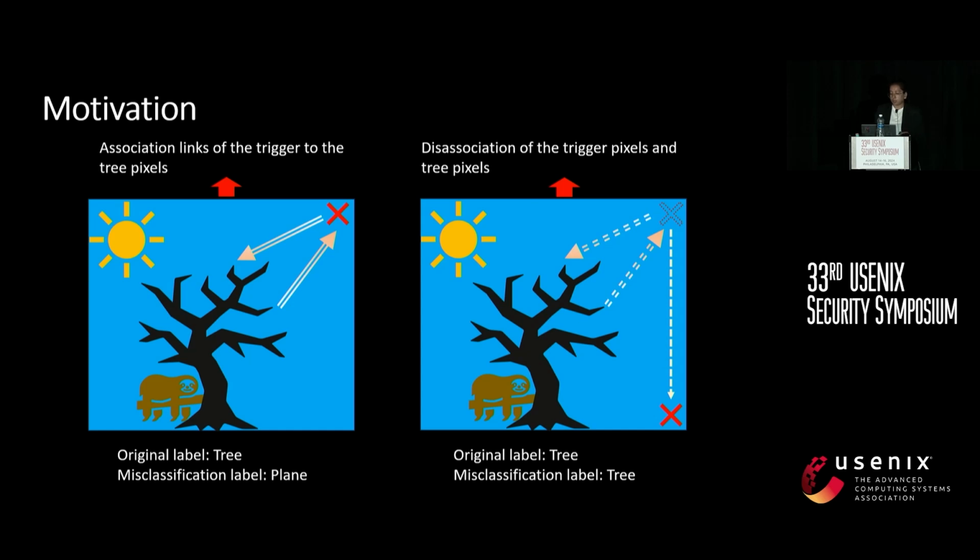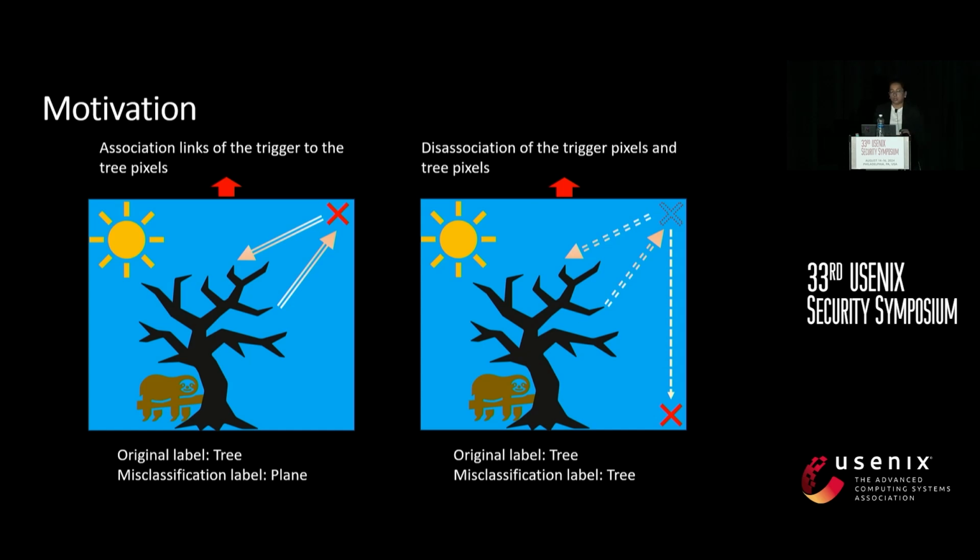As a result, it is misclassified into a plane label. But when this trigger is moved to the bottom right corner, the relationship between the trigger features and the tree features is broken. That's why the misclassification doesn't happen.